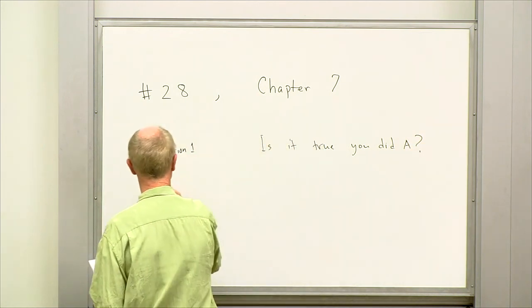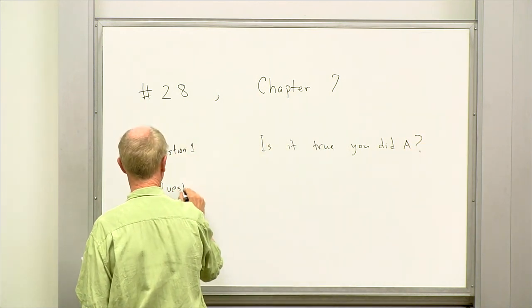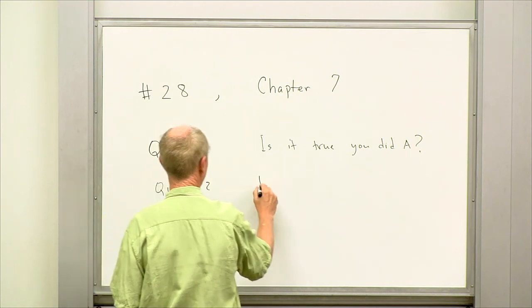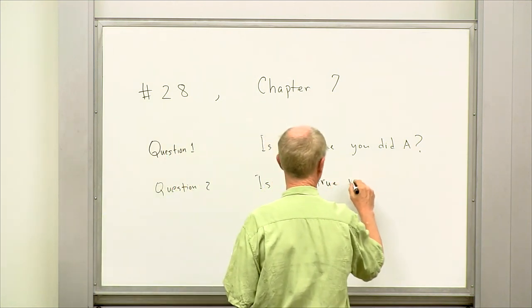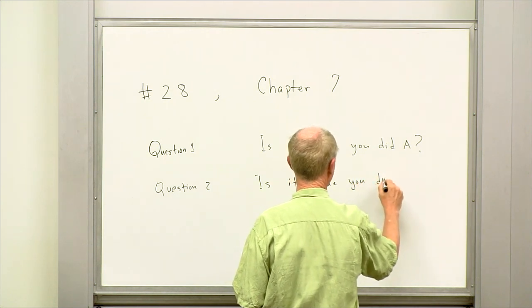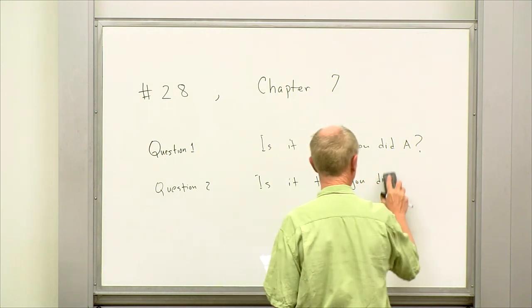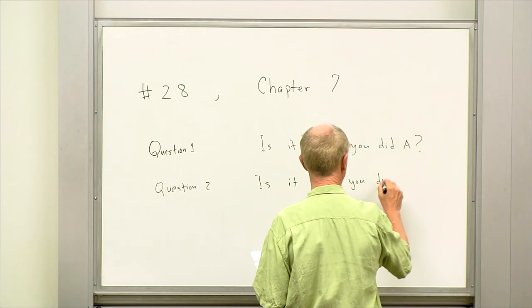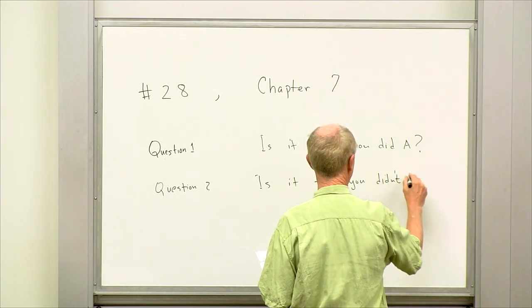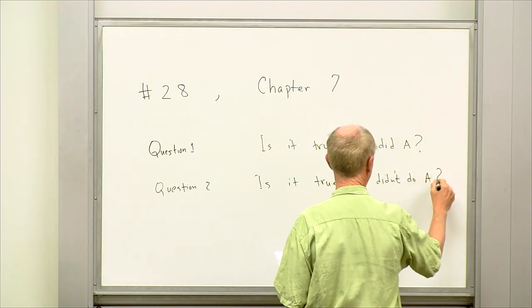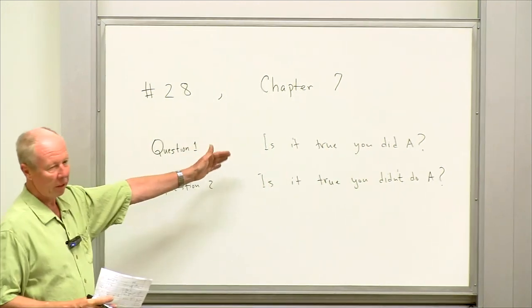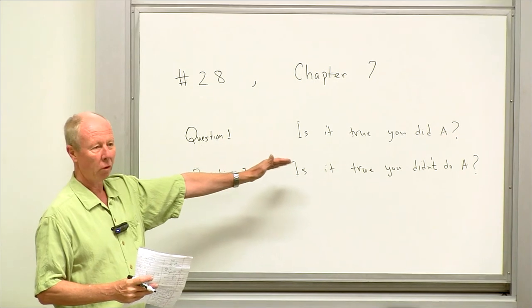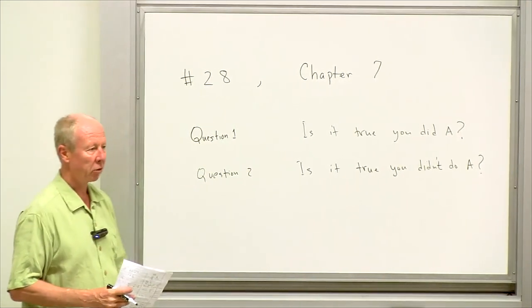Well, you did A. Question two: is it true you didn't do A? Or maybe is it true you have property A, or is it true you don't have property A? Something like that.